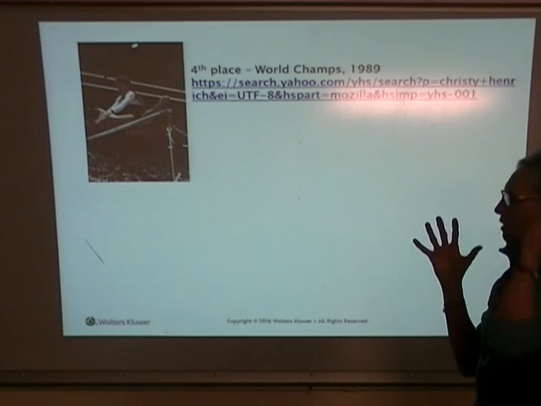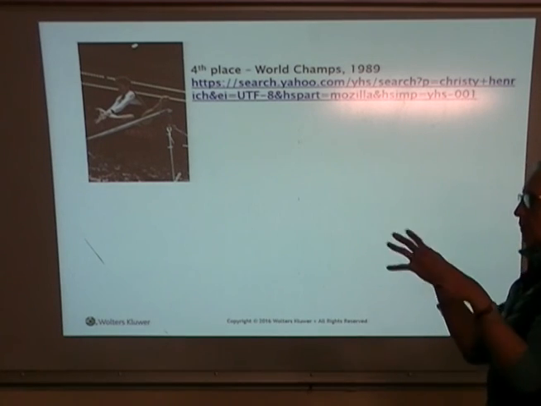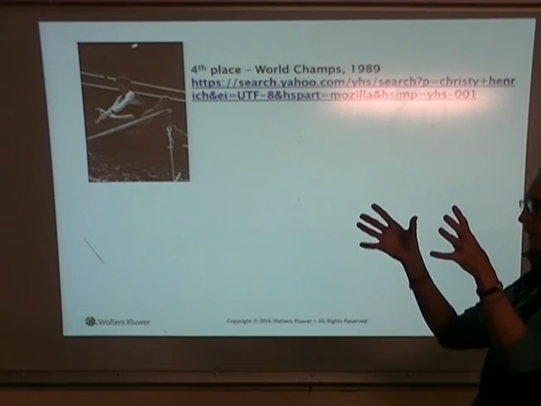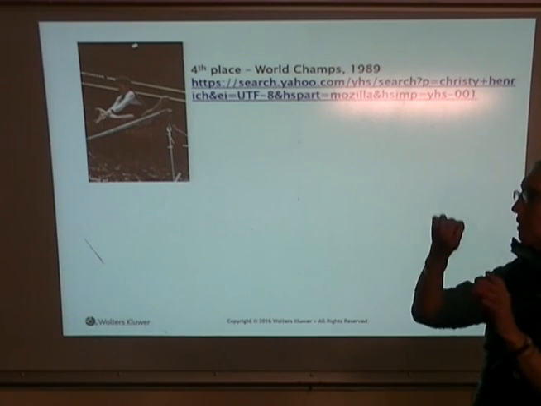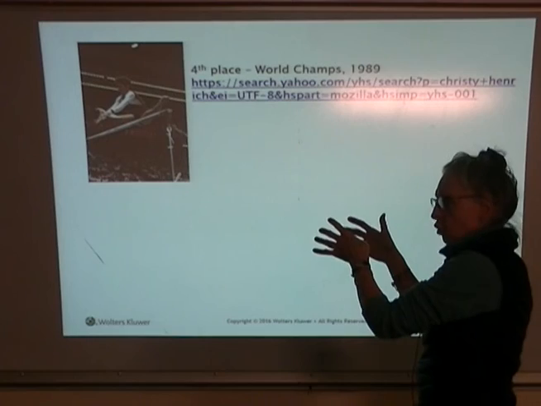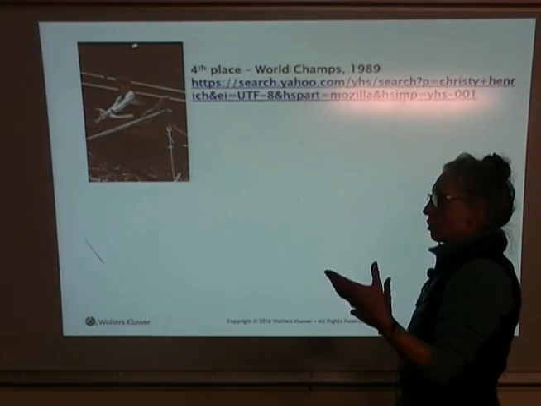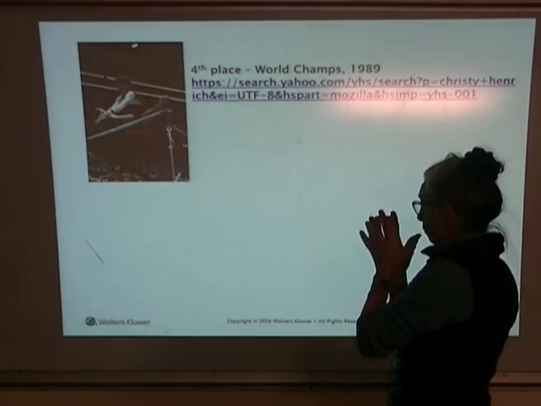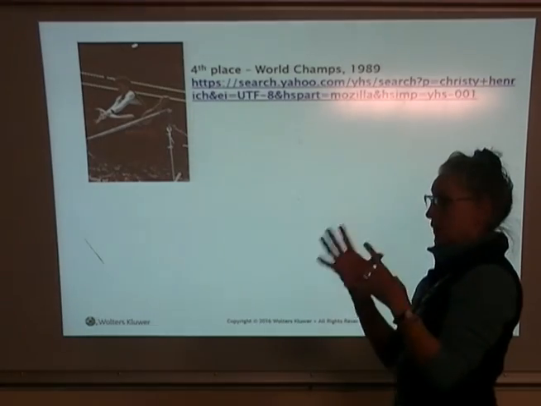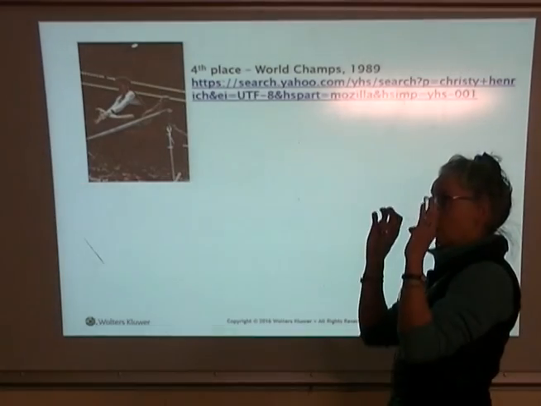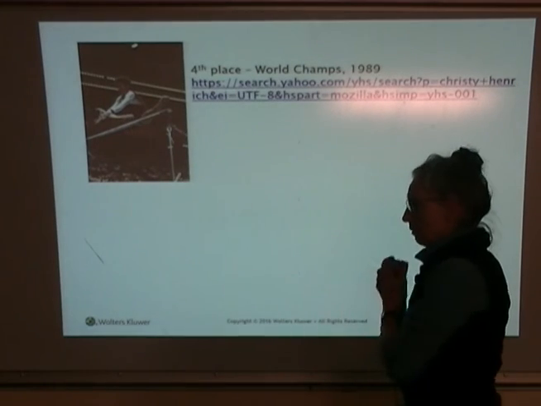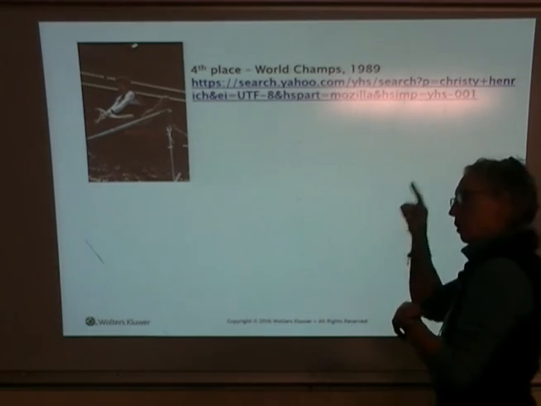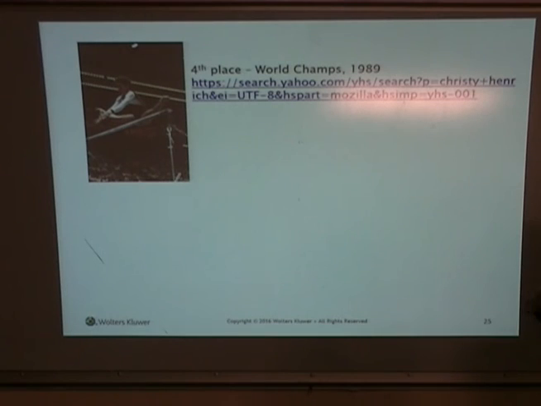So I don't know what you know about gymnastics, but they do an overall event, and then they pick the top 6 people on each piece of apparatus to do individual events. So she made the top 6 for her asymmetric bar routine in that team event. And so she got to compete in the individual bar title.